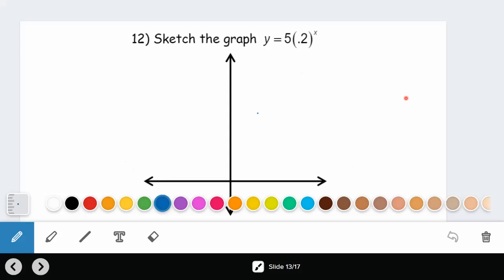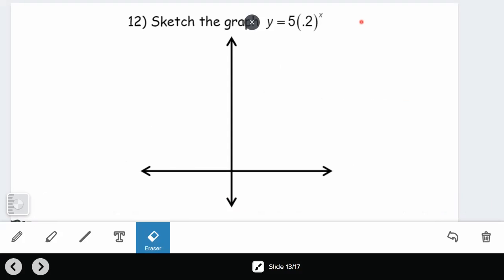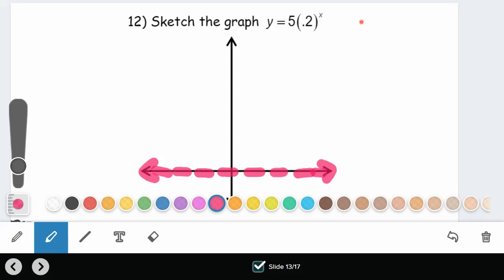So on this one, we're going to be graphing this exponential. All the exponential graphs that we are dealing with this year have asymptotes on the x-axis, which I will label y equals 0.